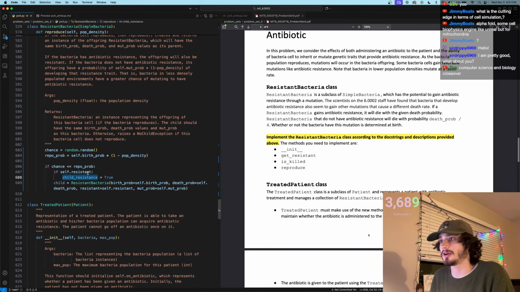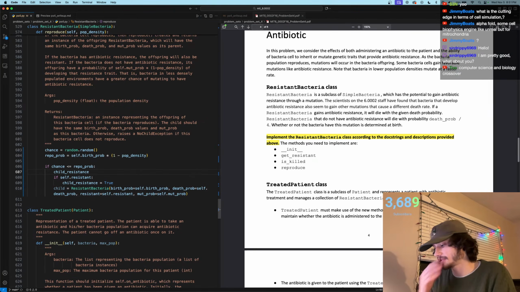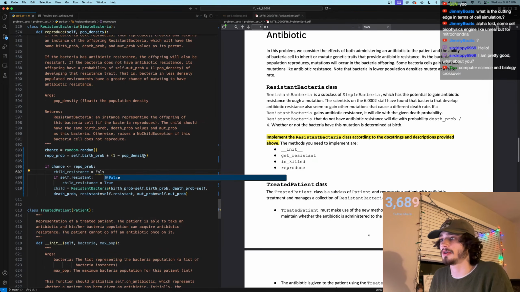And we'll come out here and set child resistance equal to false out front here.